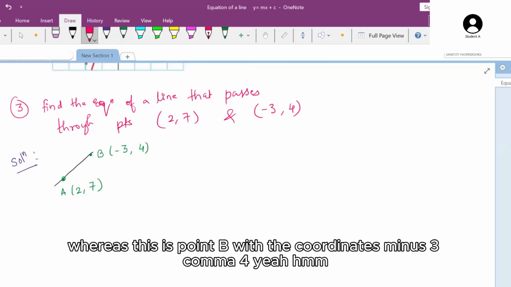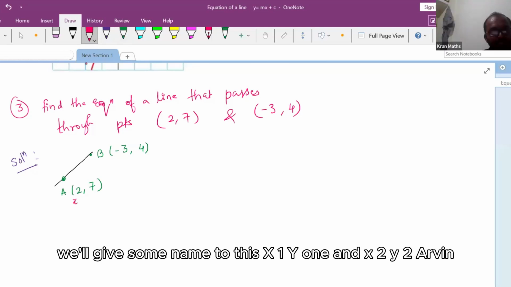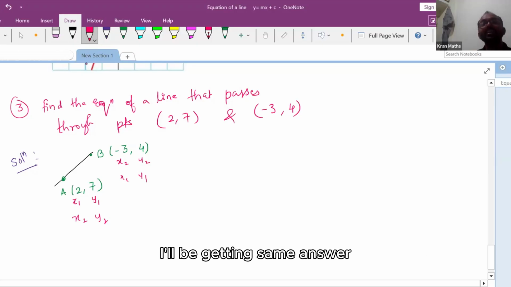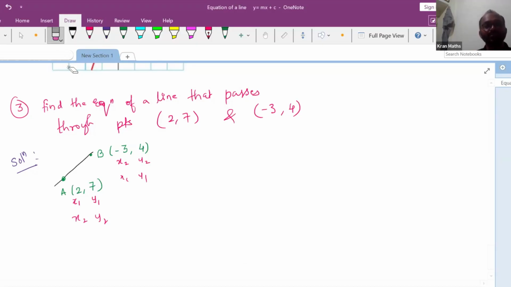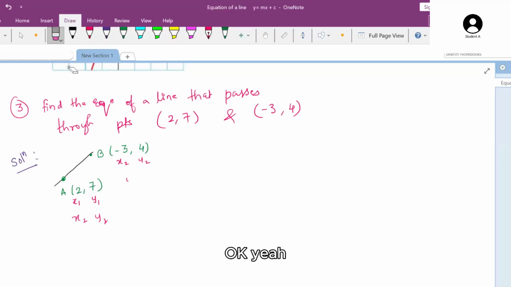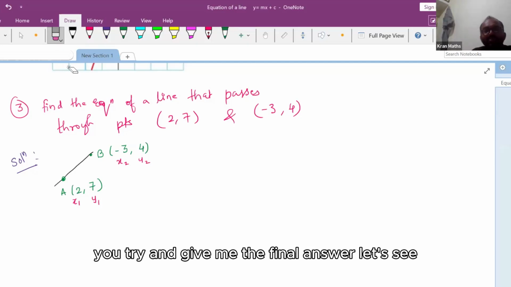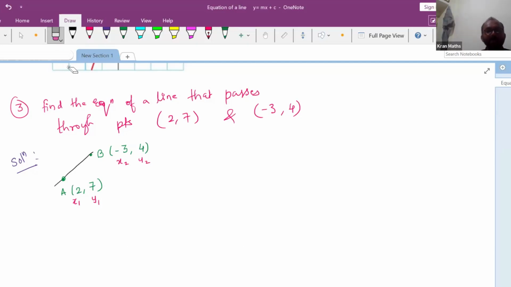We'll give some names: x1, y1 and x2, y2. Even I can write this as x2, y2 and this as x1, y1, and I'll be getting the same answer. You can just substitute them in. Now you try and give me the final answer.